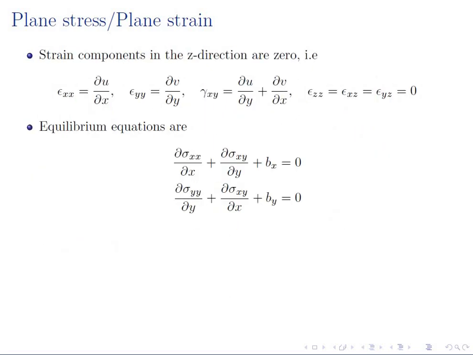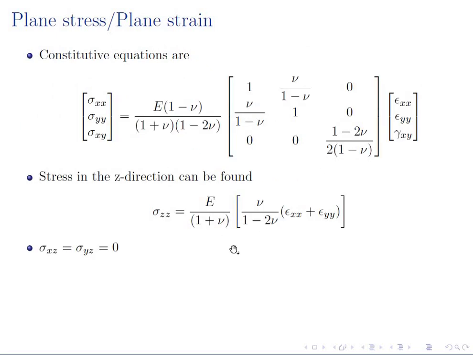Equilibrium equations: of course there is no third equation in the z direction because the strains are 0 in that direction. I'm only analyzing a 2D structure in the xy frame, so I will have only 2 equilibrium equations.